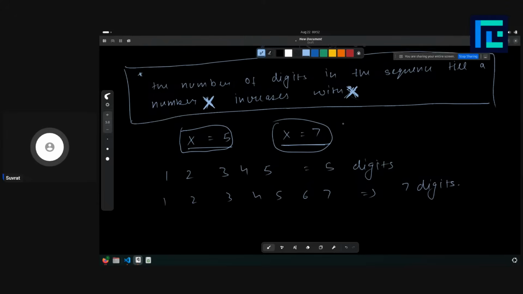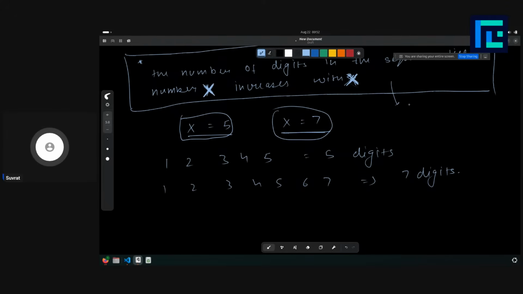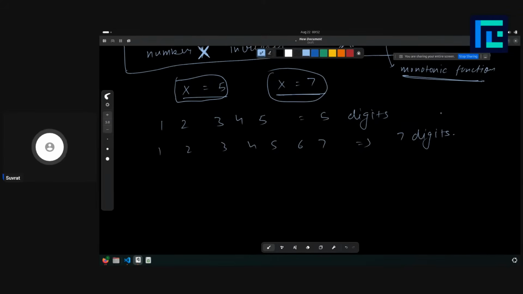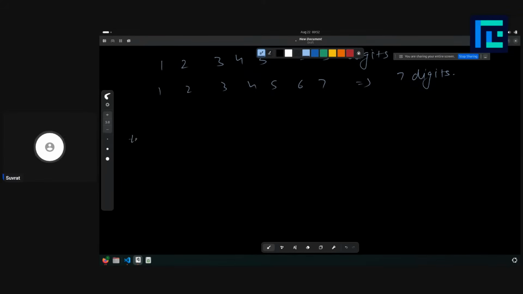Since this is a monotonic function now, because it is an increasing function, what we can try to do is find till which x number k digits are coming in the sequence.